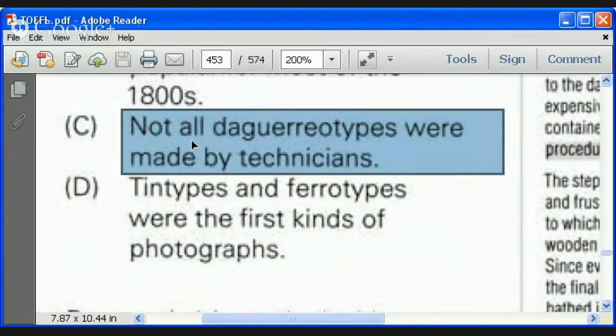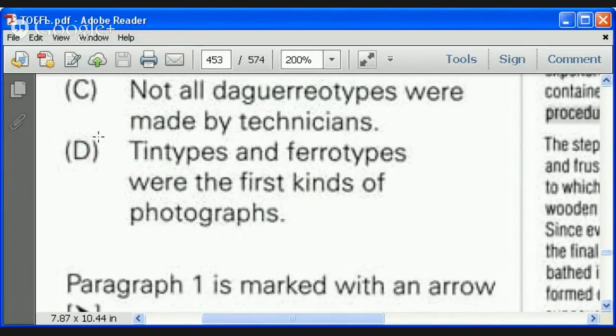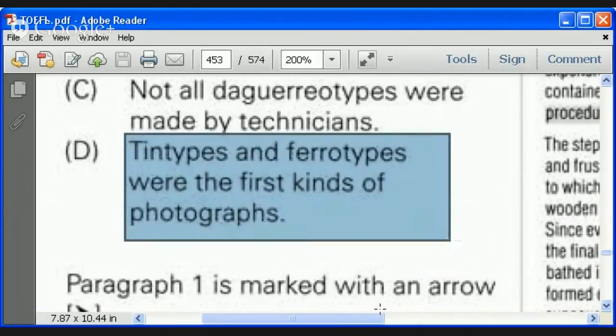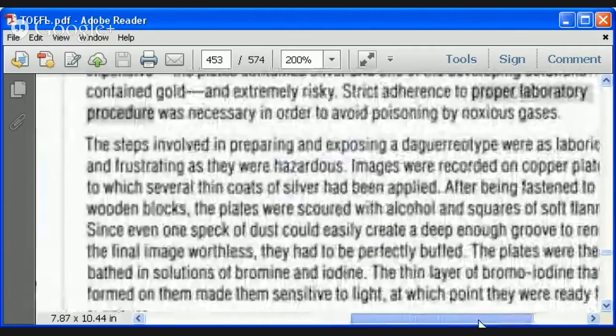Okay, this is not all. So this is not really an absolute, but still, I'm just using this as an example to draw your attention to the fact that whenever you see any absolutes, you've got to be really careful. All right, last one. Tintypes and ferrotypes were the first photographs.